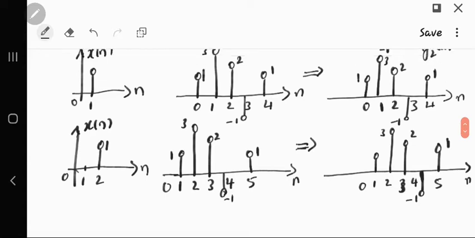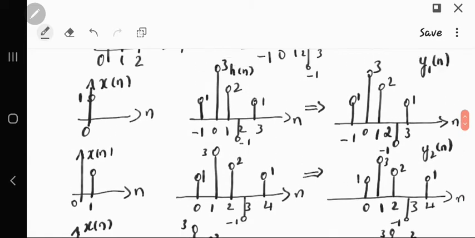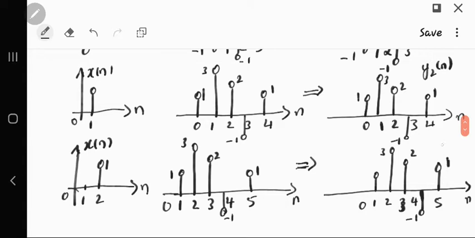So now observe, we have y1, y2, and this will be y3 of n.